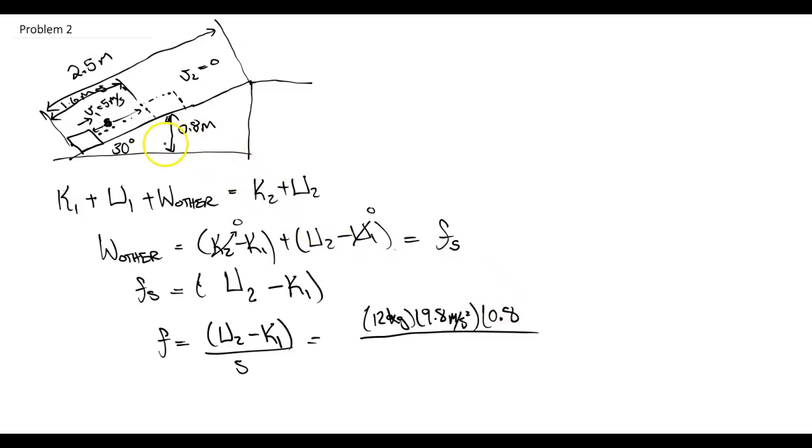Yeah, 0.8 because that's the height difference. Minus the kinetic energy, which is 1/2 m times the velocity that it leaves with, which is 5 meters per second quantity squared.